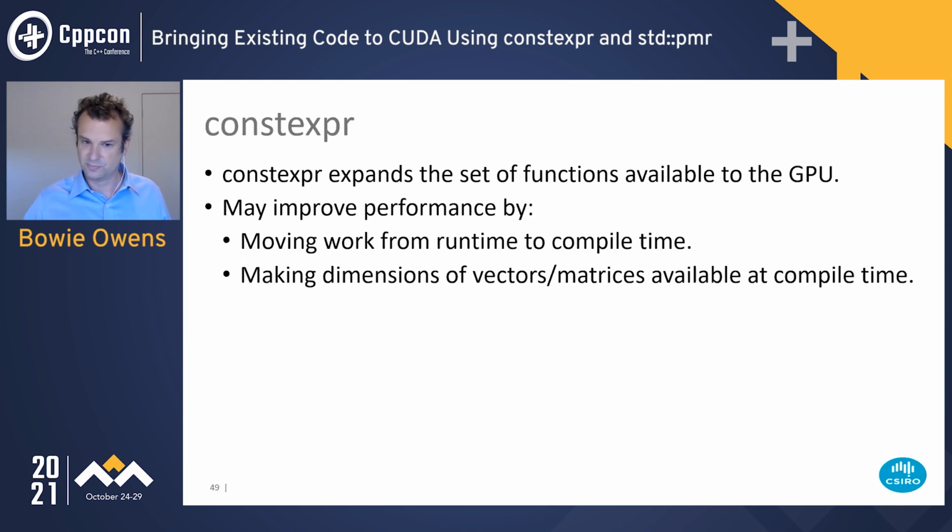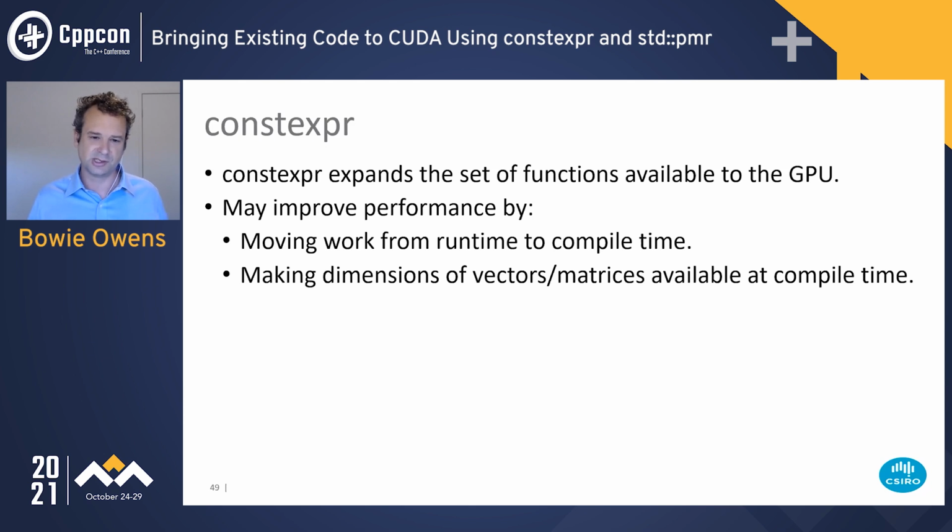and moving on, constexpr. It's a useful approach to expanding the set of functions available to the GPU in tandem with that flag for the compiler, including expanding the availability of functions in third-party libraries that you might not control. Now, investing in using constexpr may also improve the performance of your code.